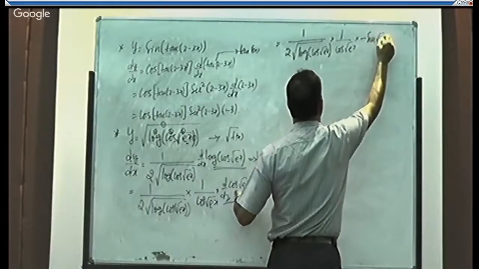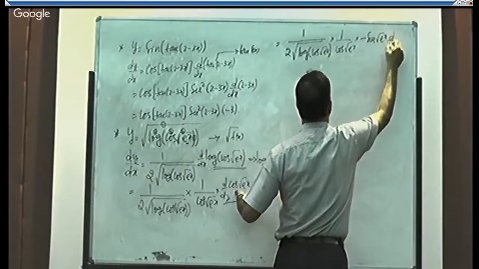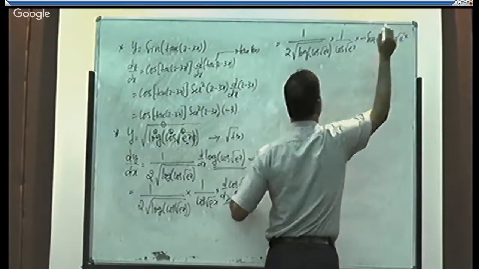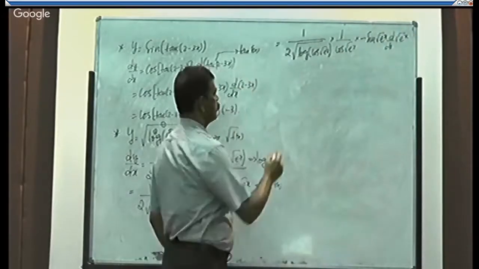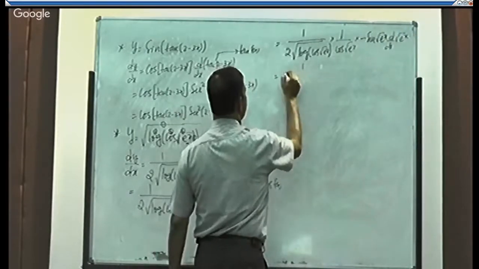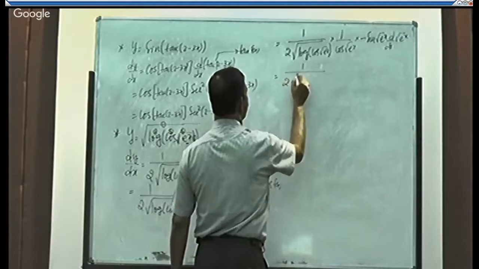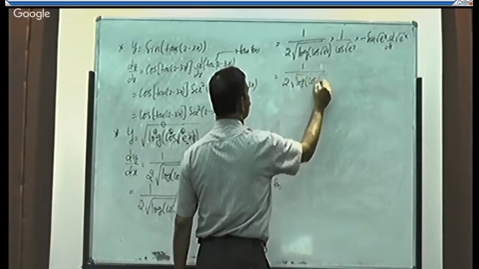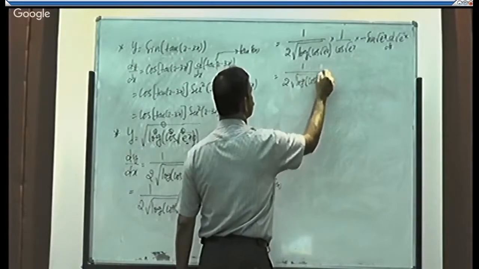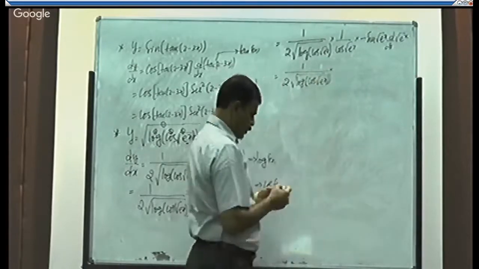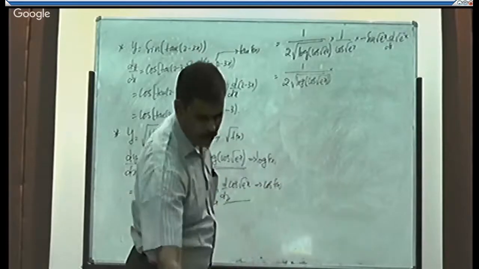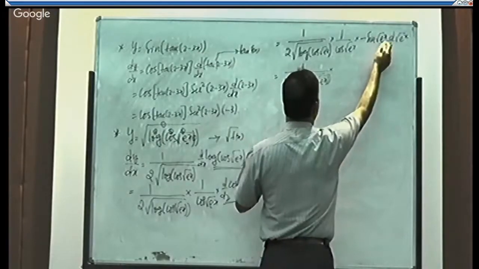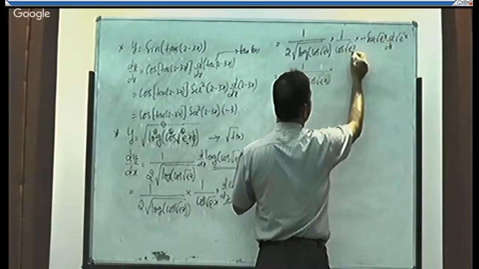What is function? e power root x into d by dx of root of e power x. So it is 1 by 2 into root of log of cos of root of e power x. See the next part, minus sine of root of e power x by cos of root of e power x.